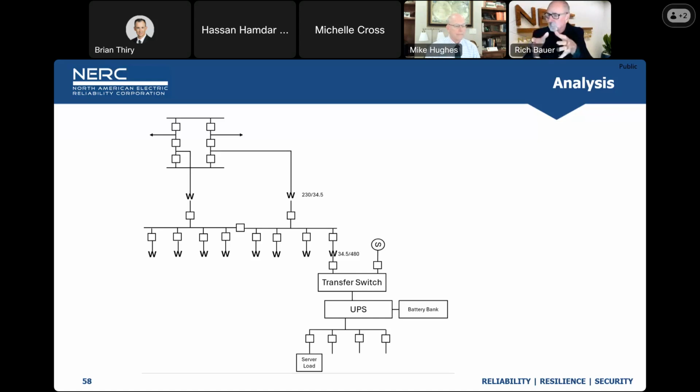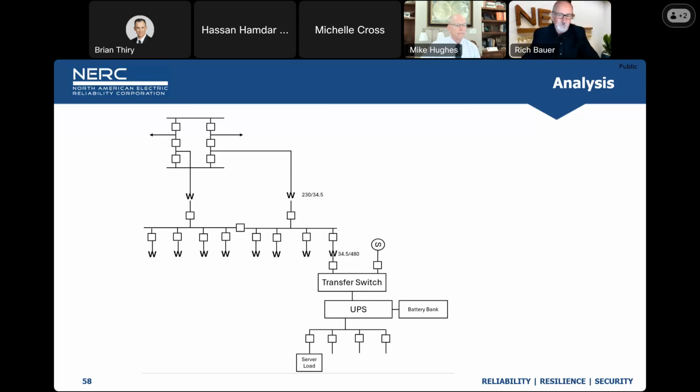Then as soon as I clear that fault, in 4 cycles, I would expect the UPS would go back to the grid for its source of power, transition off of the battery, and go back to its pre-disturbance level. So I would expect a very short duration of load loss from the grid, and then a return as soon as we restore voltage and clear that fault.